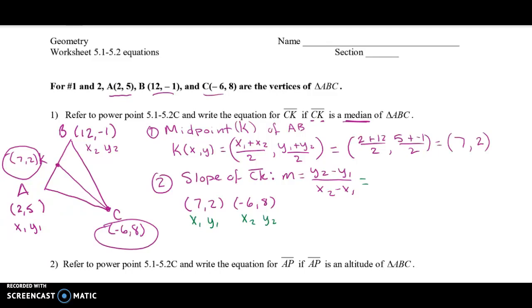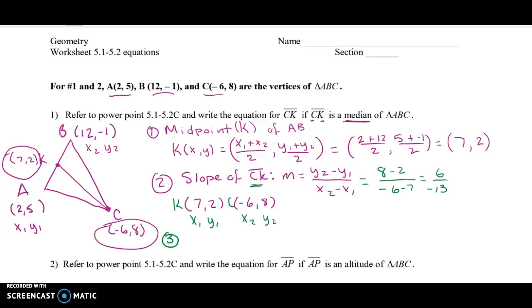If I plug those into the slope formula, and again, this was K and C, because that's what we're trying to find the slope of, this will be 8 minus 2 over -6 minus 7. And that will equal 6 over -13. Lovely number, huh?